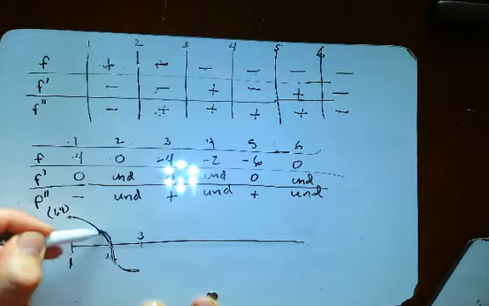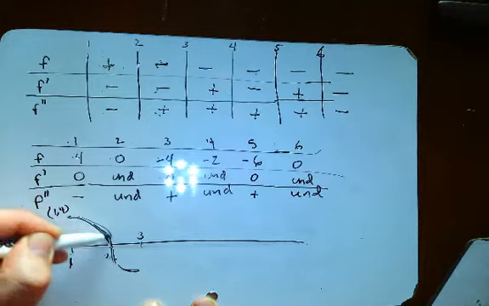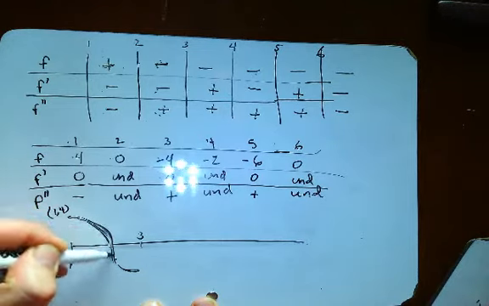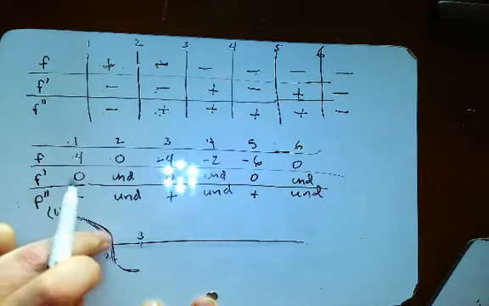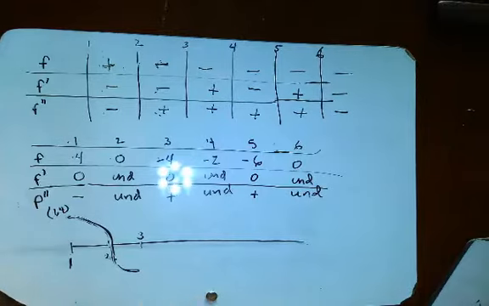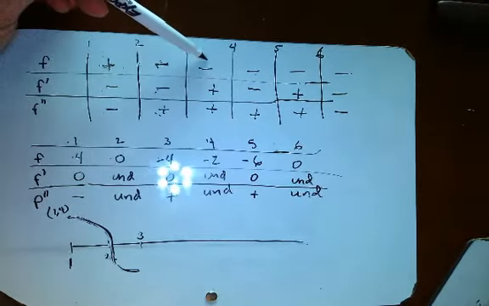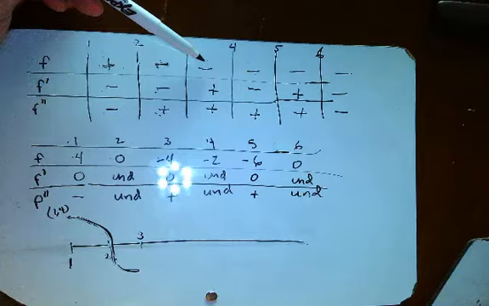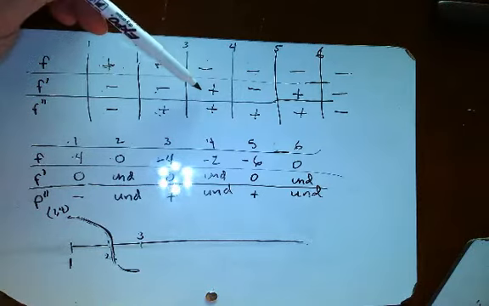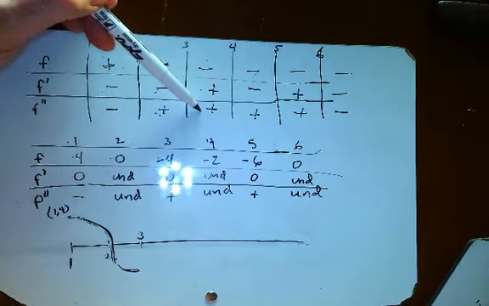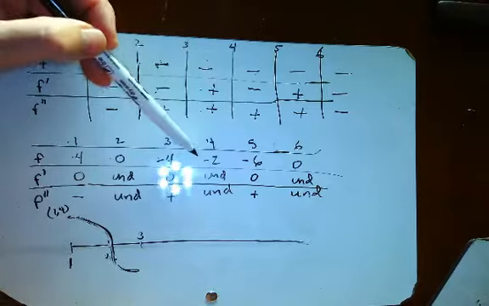And this appears to have been that vertical slope, not anything like a corner or cusp at x equal to 2.